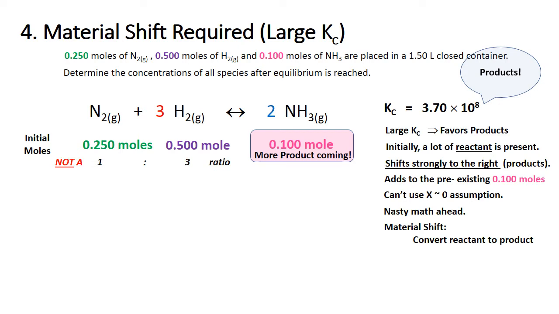So one thing to notice as we examine the initial number of moles of N2 and H2 is that they are not in a 1:3 ratio. Now, our balanced chemical equation tells us that we need one of these N2 molecules for every 3 of the H2 molecules. A 1:3 ratio is what it would take to react nitrogen and hydrogen perfectly together and form product. However, the initial number of moles that we have, 0.25 and 0.5, are not in a 1:3 ratio, are in fact in a 1:2 ratio.